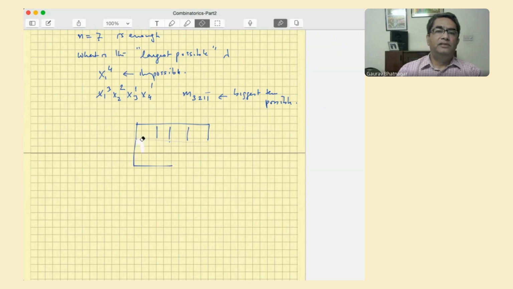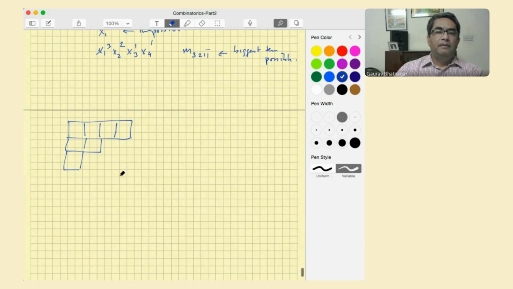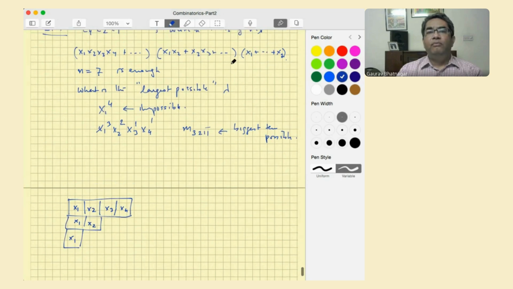Well, this will change the page, so I'll write it here. So you can put various xi's here. Let's say this is an example. I can put this; this is the highest possible term. And you multiply all of them together and you will get a term from the product.